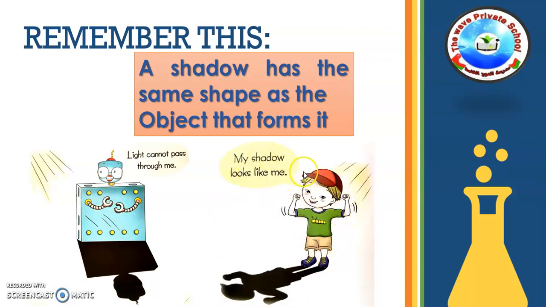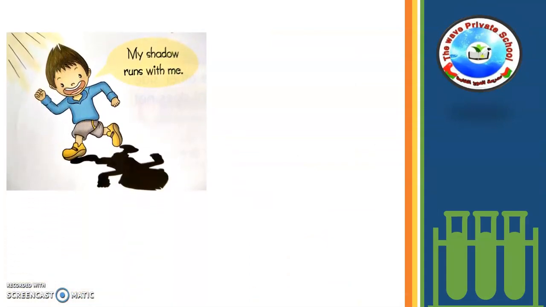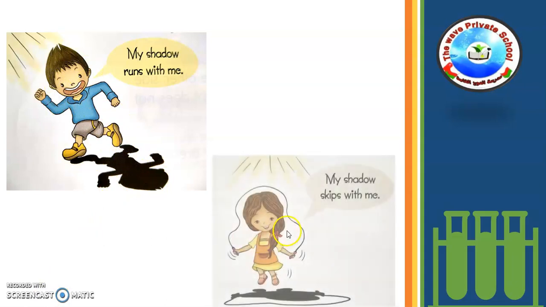So the shadow that the boy formed is exactly the same as what the boy is doing. So another one, my shadow runs with me. Take a look at that. So of course, exactly. Very good. Next, my shadow skips with me. Well done, boys and girls.